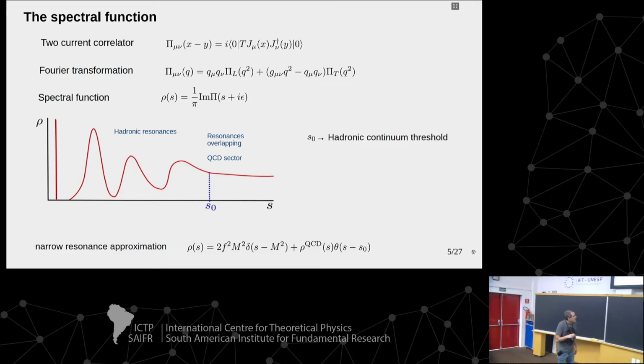So there's a point where the resonances start to overlap, and this is a phenomenological energy parameter that is known as the hadronic continuum threshold.